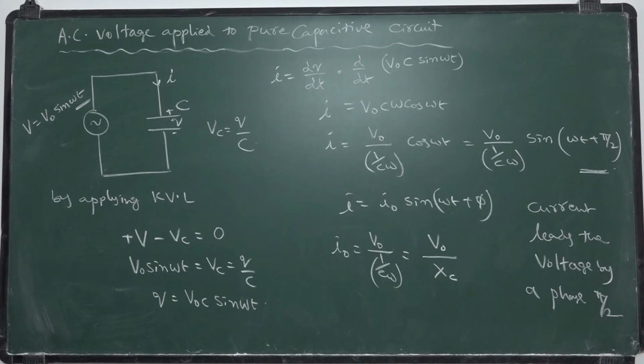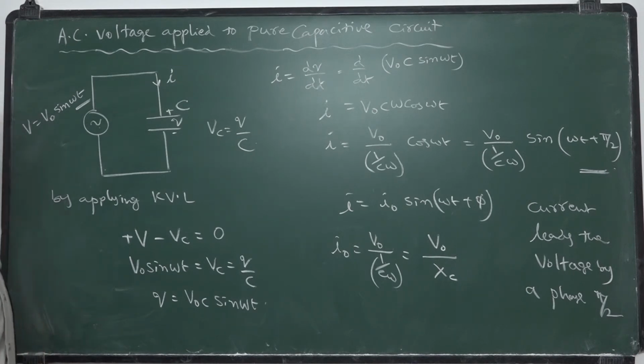So this is the variation of current when we apply alternating voltage to a pure capacitive circuit. Here current is leading the voltage, or voltage is lagging behind the current by an angle pi by 2.